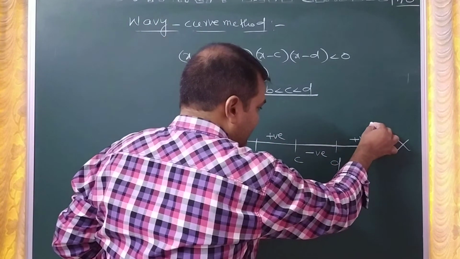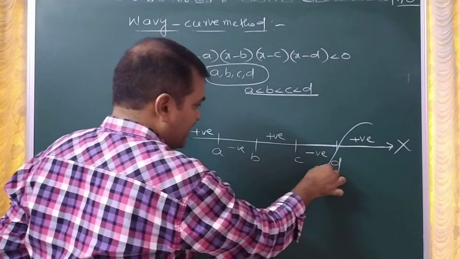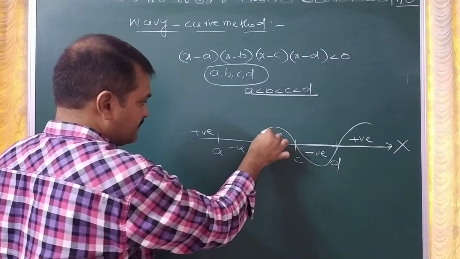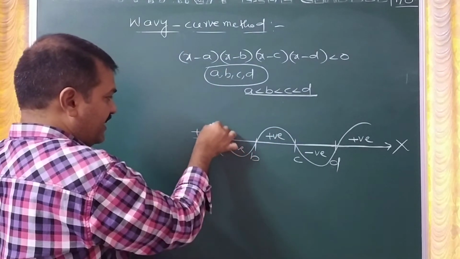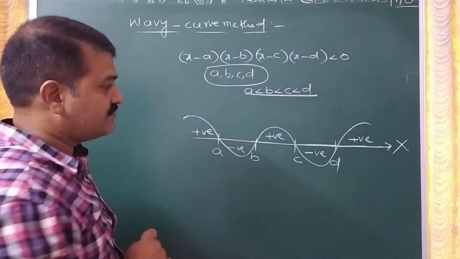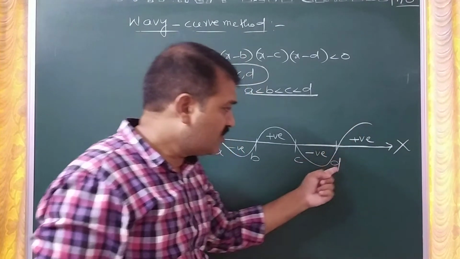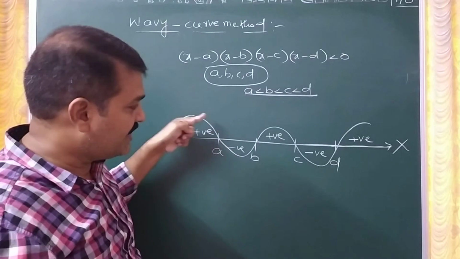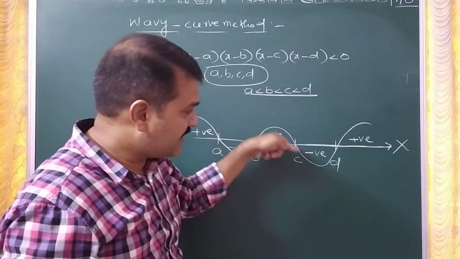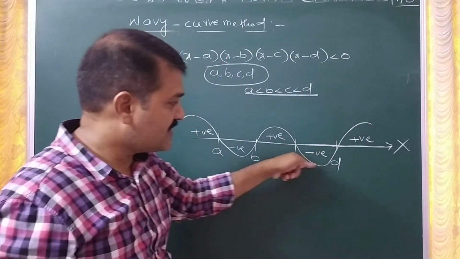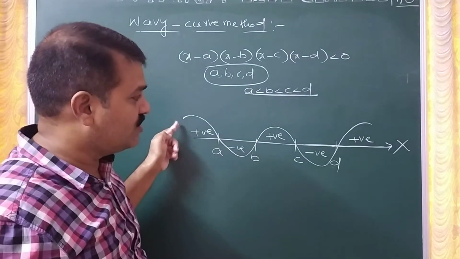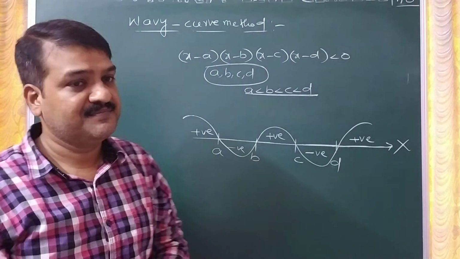So we will take a wave-shaped curve like this, alternately going above and below the x-axis and passing through our critical points.